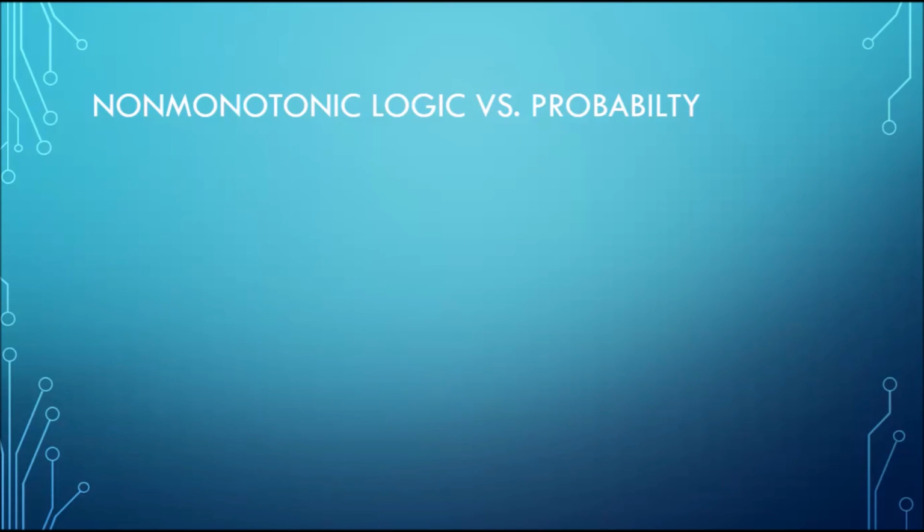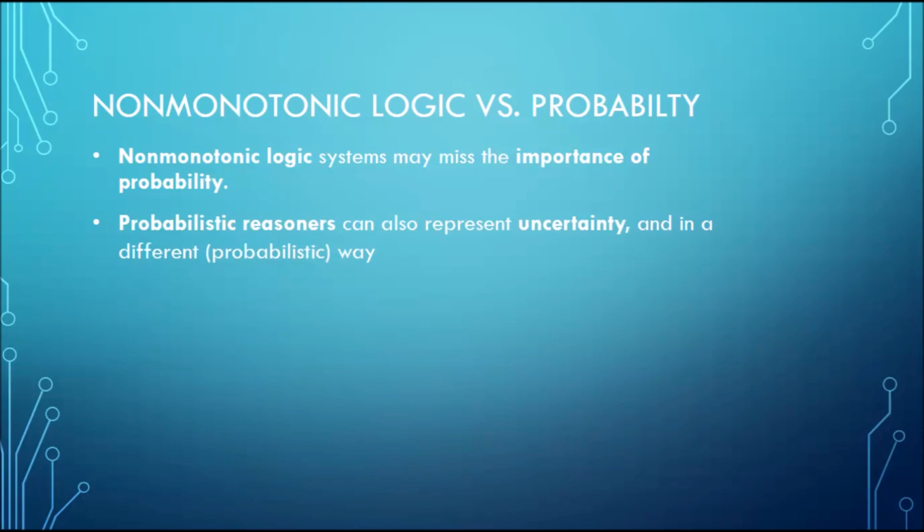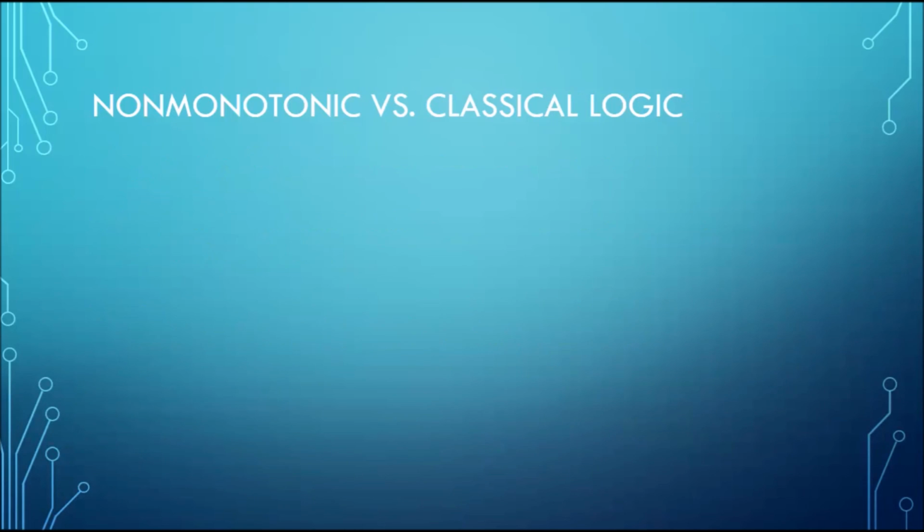Non-monotonic logic versus probability. Non-monotonic logic systems may miss the importance of probability. Probabilistic reasoners can also represent uncertainty in a different, probabilistic way. This system exhibits a different set of properties with which non-monotonic logic cannot effectively deal. Non-monotonic versus classical logic.